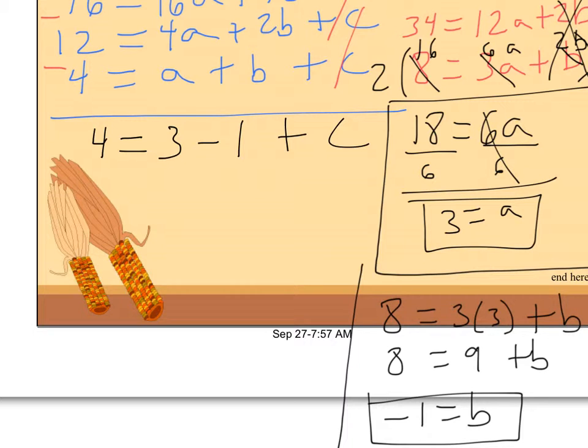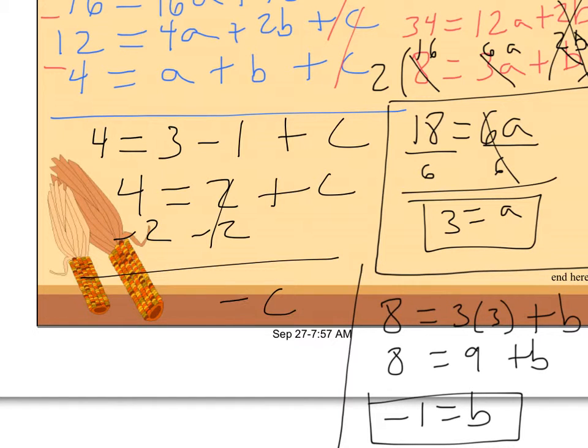I found that a is 3. b is negative 1, and now I'm looking to find c. Oh, 3 minus 1 is 2. Then I can subtract 2 from each side, and c is 2.